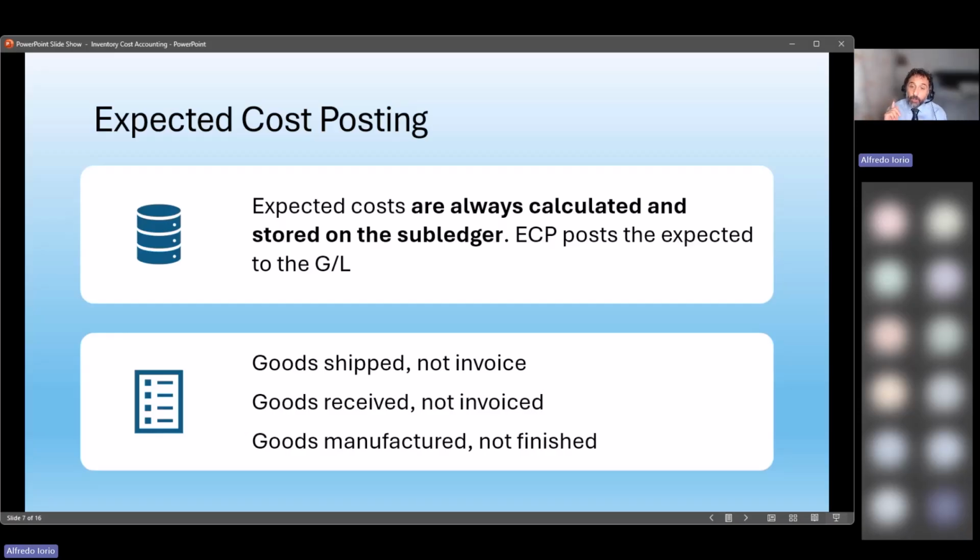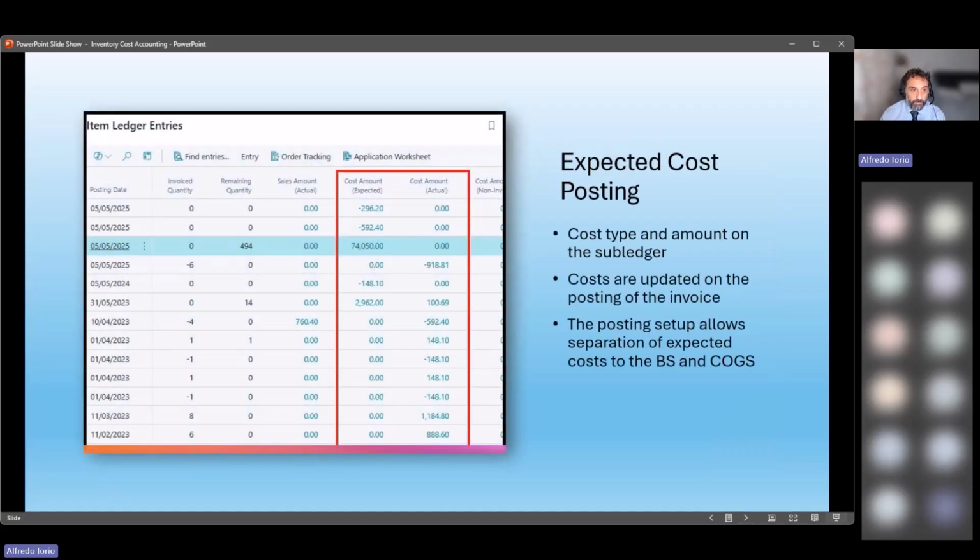But when you post output, before you close the production order, before you finish the production order, expected cost posting will post to the inventory accrual in the balance sheet before you finish the order. So something to keep in mind when you design expected cost posting. And here is an example on the item ledger entries.